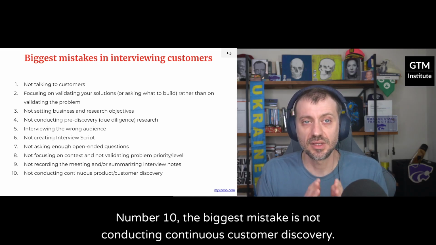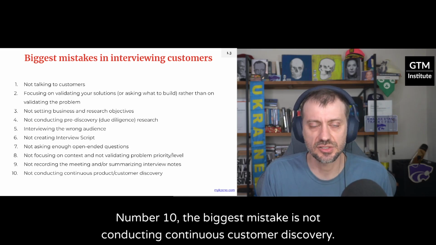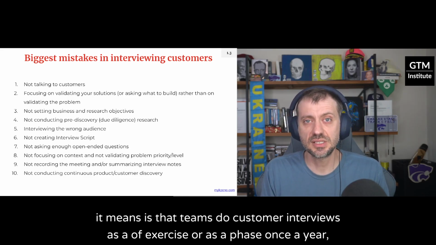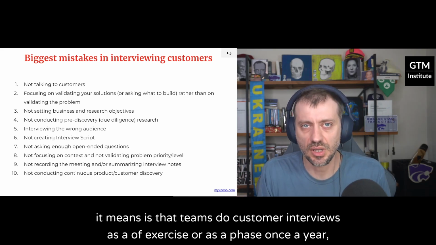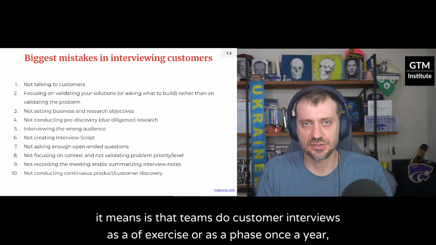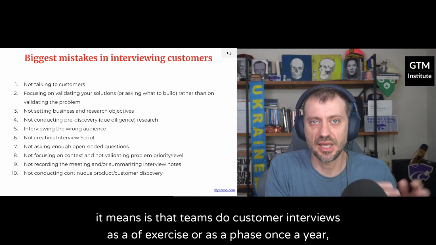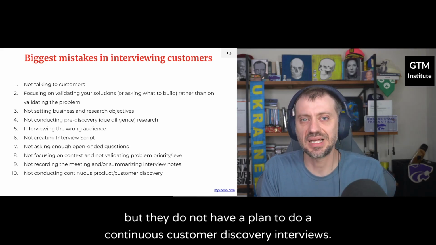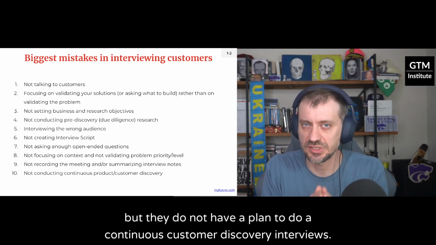Number 10, the biggest mistake is not conducting continuous customer discovery. What it means is that teams do customer interviews as an exercise or as a phase once a year, but they do not have a plan to do continuous customer discovery interviews.